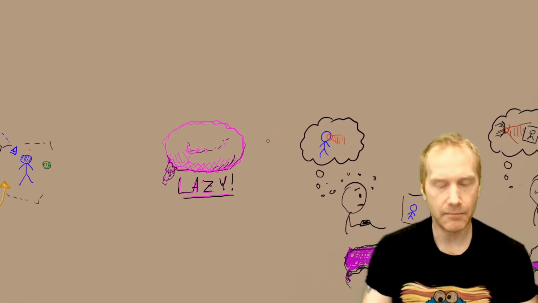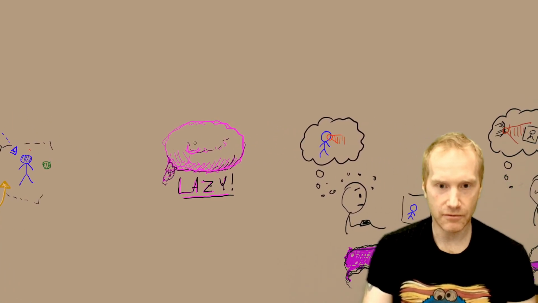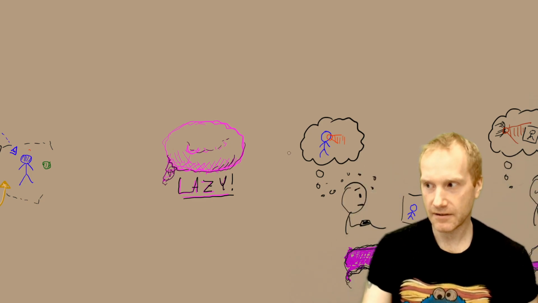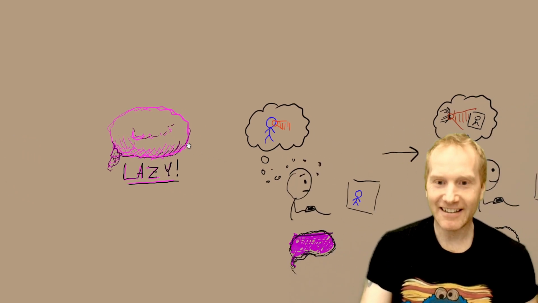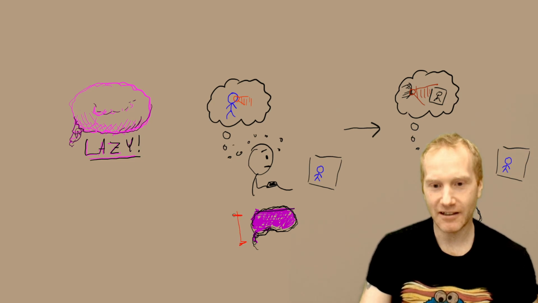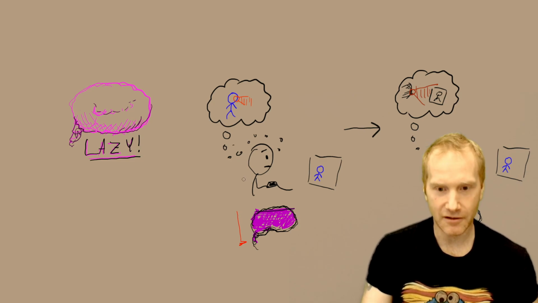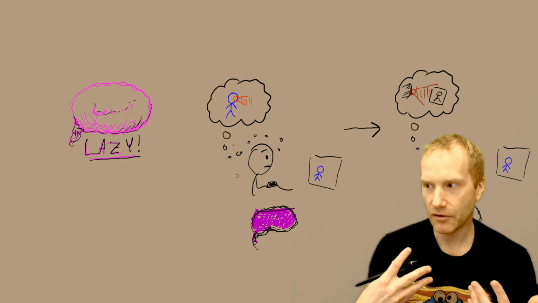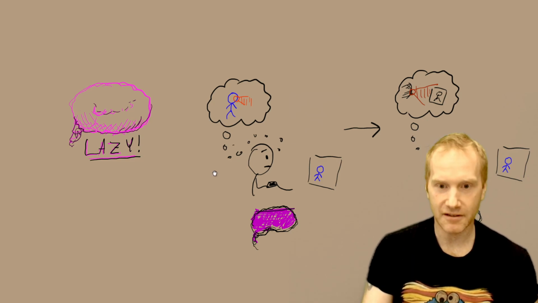Now, the problem is that our brains are lazy. So inside your skull is a lazy bastard, and this brain, very simplistically, has some mental energy, a certain amount of available focus to do something.